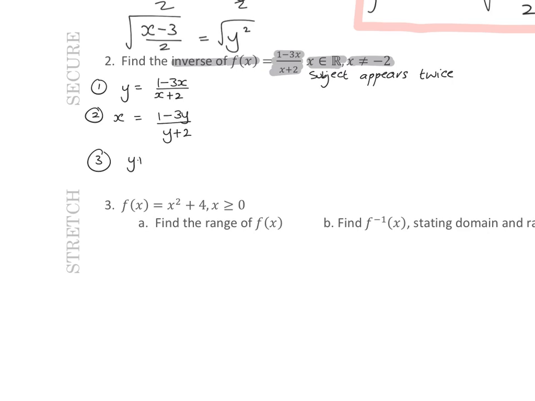So first I'm going to multiply that across, and then I'm going to expand, and then I want to get all my y's on the same side and all of my non-y's on the other side.